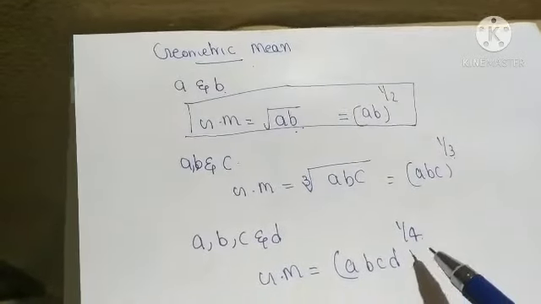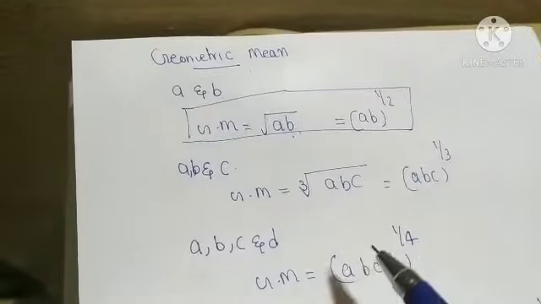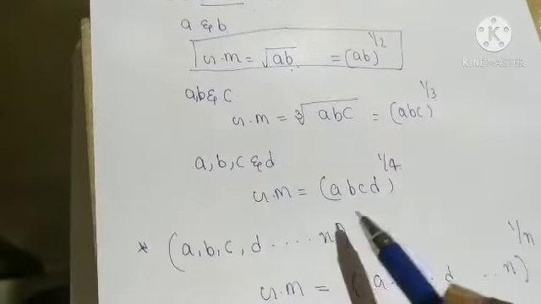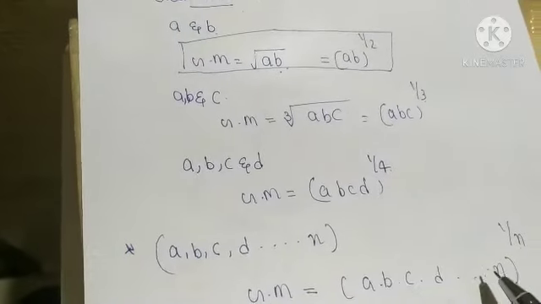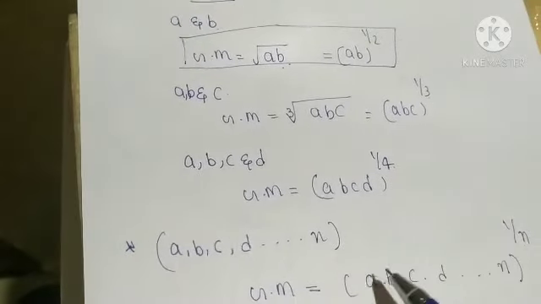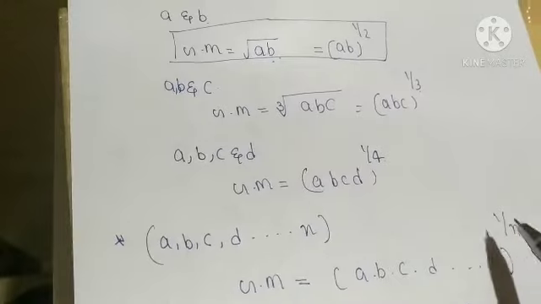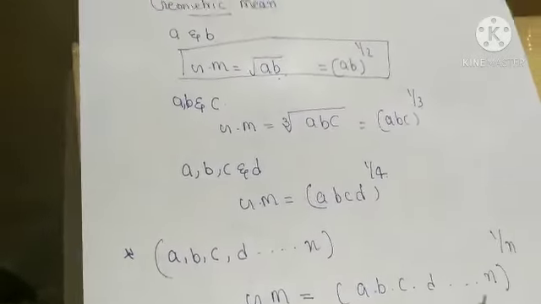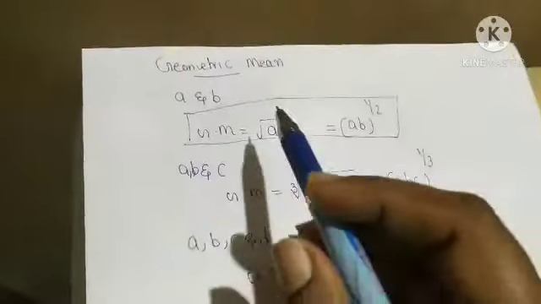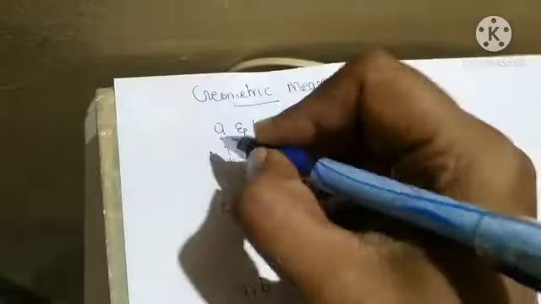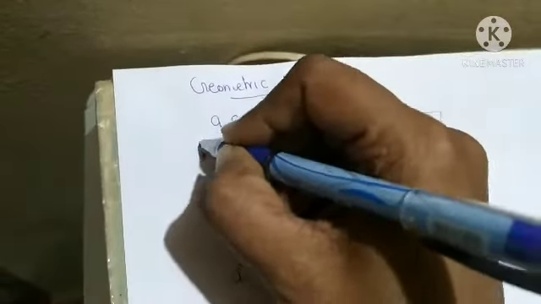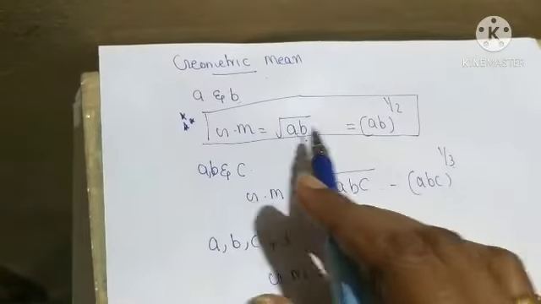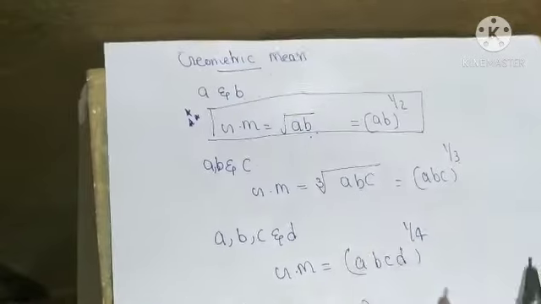Next I am going to generalize the geometric mean between n numbers: take the product of all the numbers and raise the whole to 1 by n. Here we need to study only these formulas. So the geometric mean between two numbers is root ab.